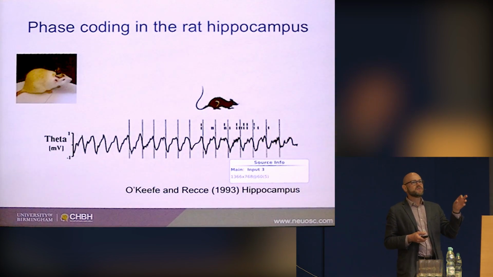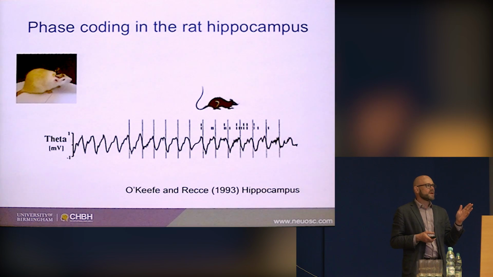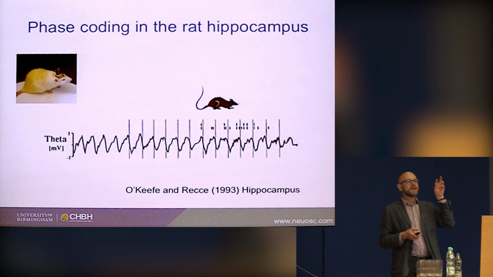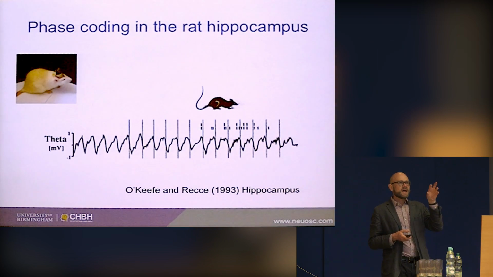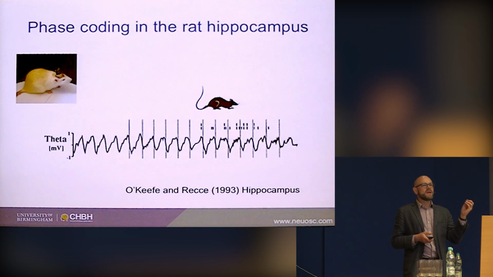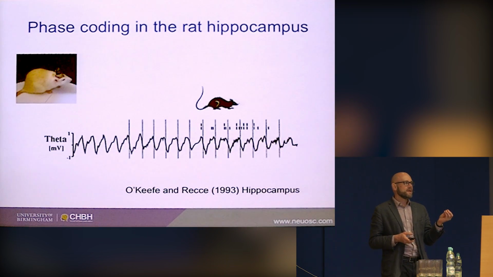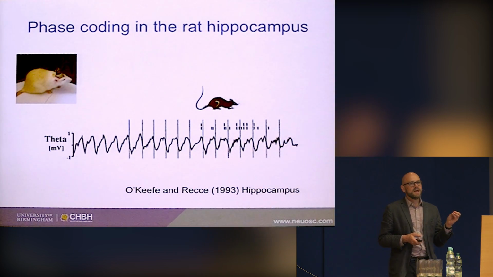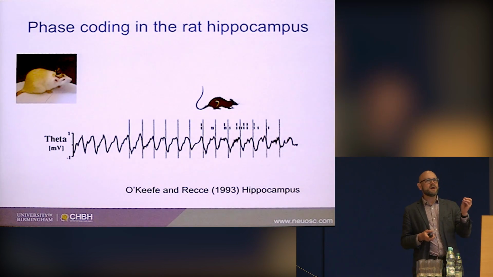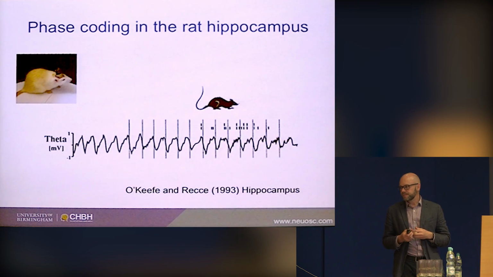It means that if you were to read the rat's mind and decode his position, you get some information by looking at the firing alone in terms of firing rate. But if you take the theta phase into account, you can do an even better job at reconstructing the rat's position, right? So there is some sort of phase code going on where the phase of firing actually carries information.